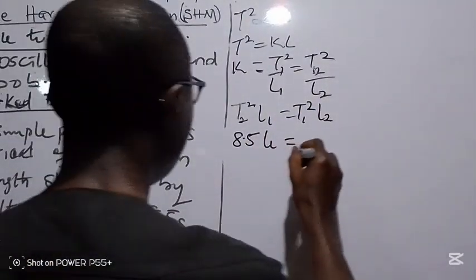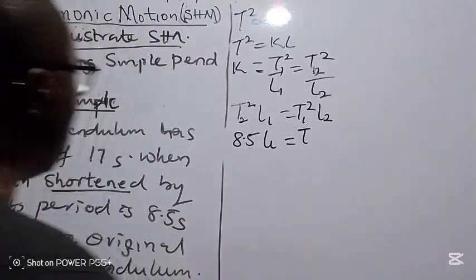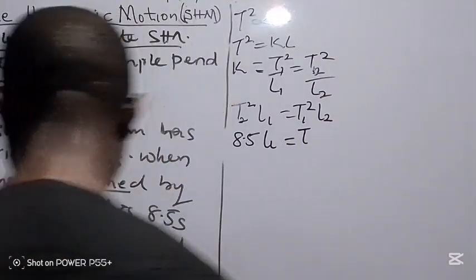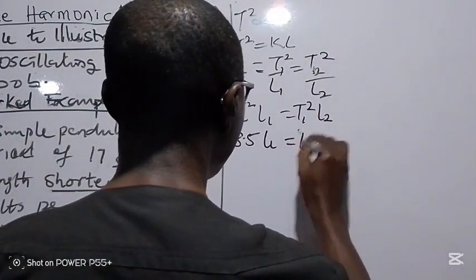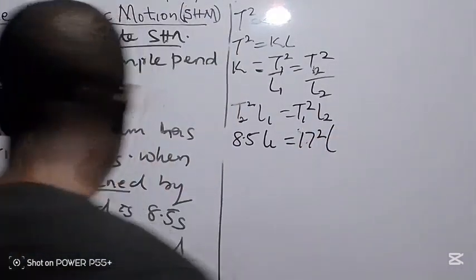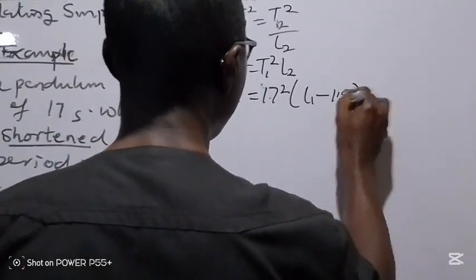Then our T1 will be equal to 17. That's 17 squared, the L2, L1 minus 1.5.